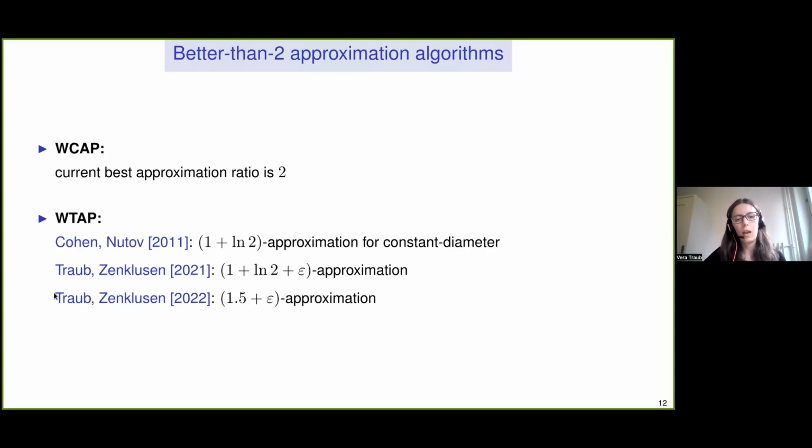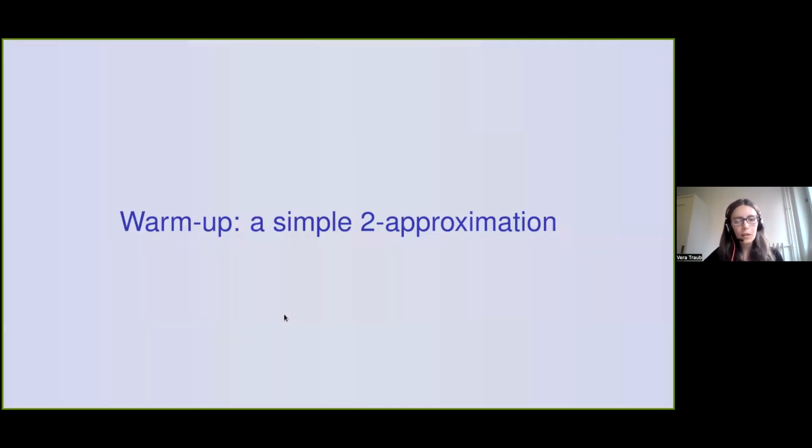In the rest of this talk, I will explain how this 1 plus ln 2 plus epsilon approximation works, and then I will also give you some brief idea of how we can improve this to 3/2 plus epsilon. Okay, but before we get to this better than 2 approximation, let me as a warm-up first explain a simple way of how we can even get just a 2 approximation for WTAP.